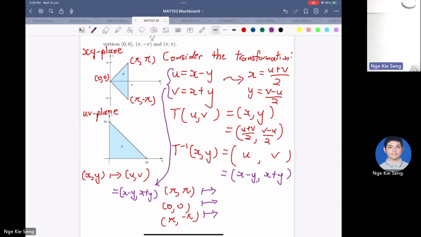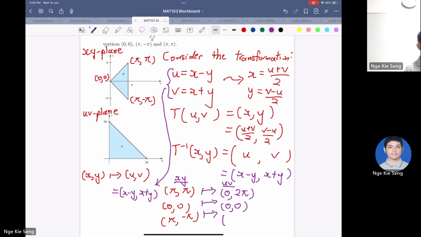Okay, let's see what happened to these points. These are the XY points, so what are the UV points here? Pi minus minus pi becomes 2 pi. Pi minus pi becomes 0. Pi plus pi is 2 pi. And 0, 0 becomes 0, 0 again.